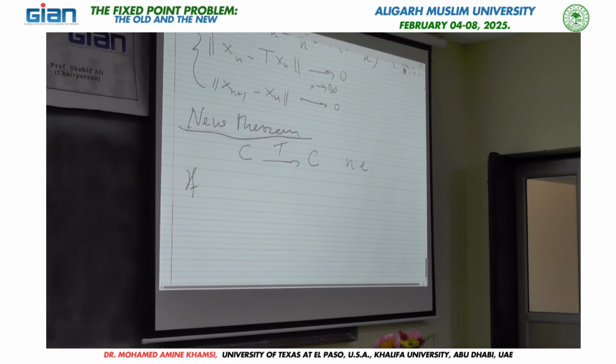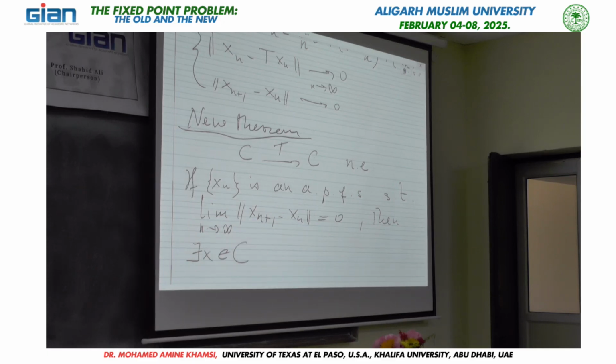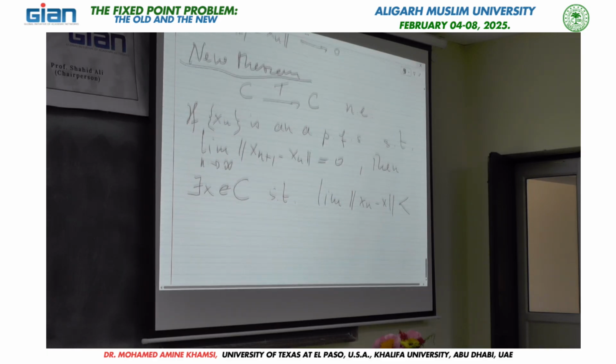If xn is an approximate fixed point sequence such that the limit of xn plus 1 minus xn equals 0, look at now what he did. He assumes there exists an x. Then there exists x in C such that the limit of xn minus x is less than the diameter.